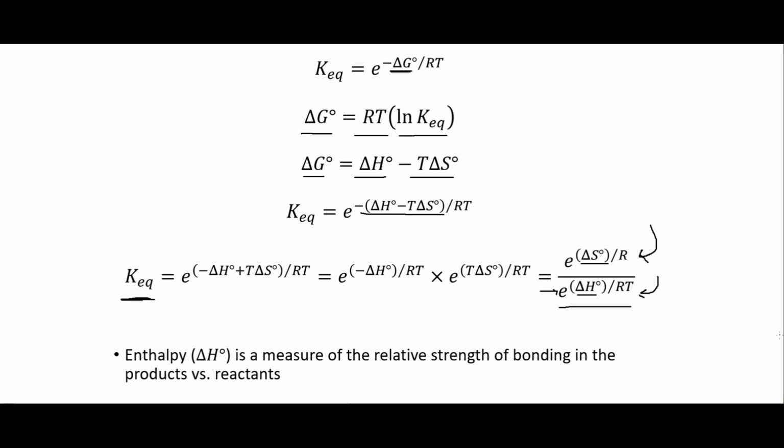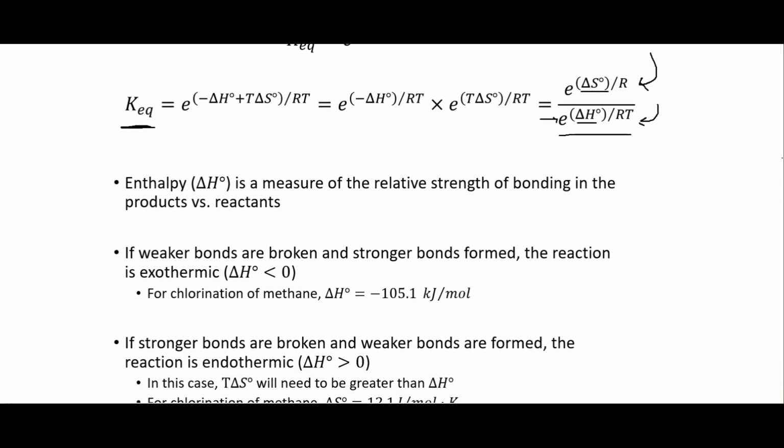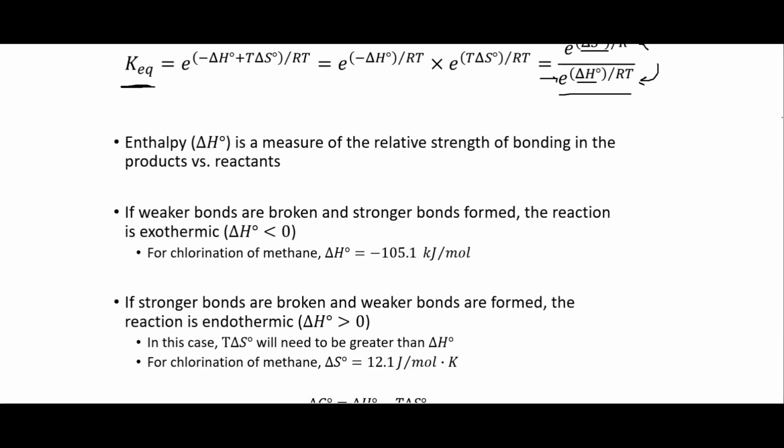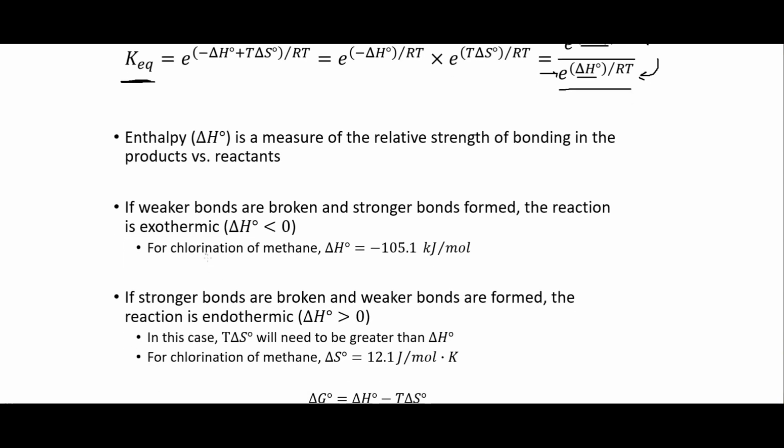And so for our purposes, we're mostly going to be concerned with the delta H, because the delta H is essentially a measure of the relative strength of bonding in the products versus the reactants. So if weaker bonds are broken and stronger bonds are formed, the reaction is exothermic, meaning that the delta H is negative.